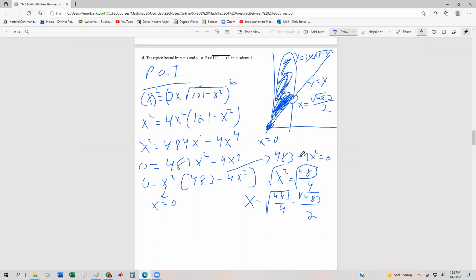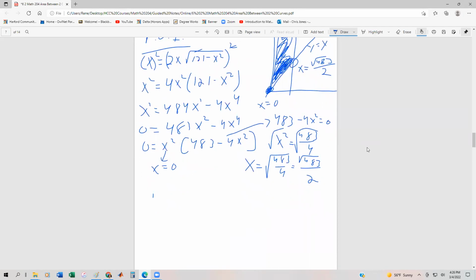So let's set up our integral. For our integral, that's going to go from 0 to root 483 over 2. Like we said, the top function is 2x root 121 minus x squared, and the bottom function is y equals x.